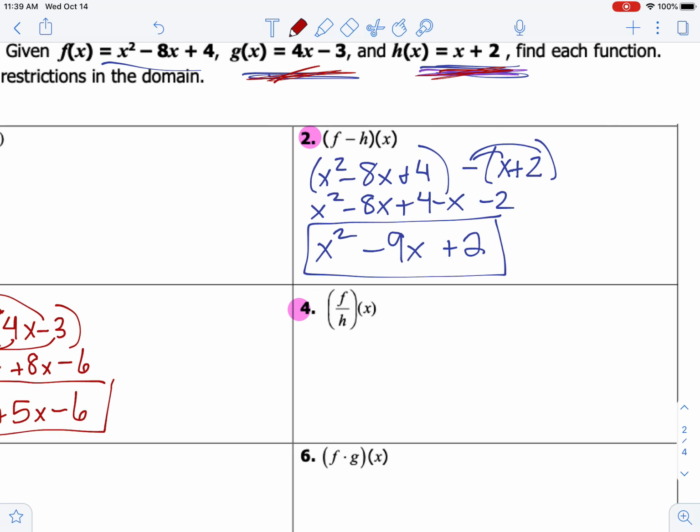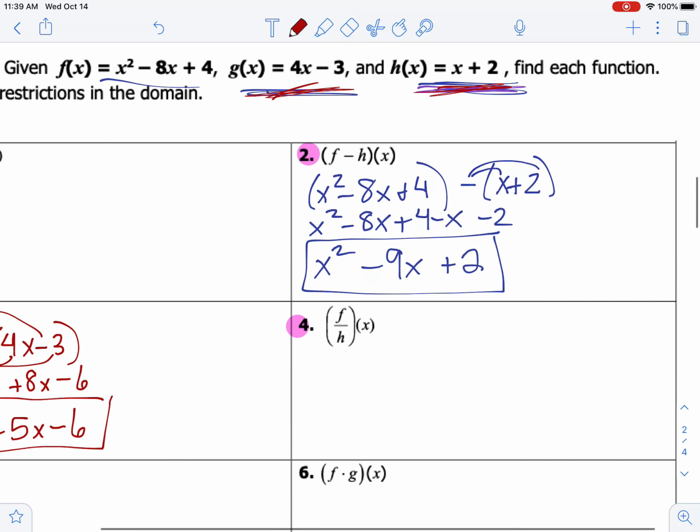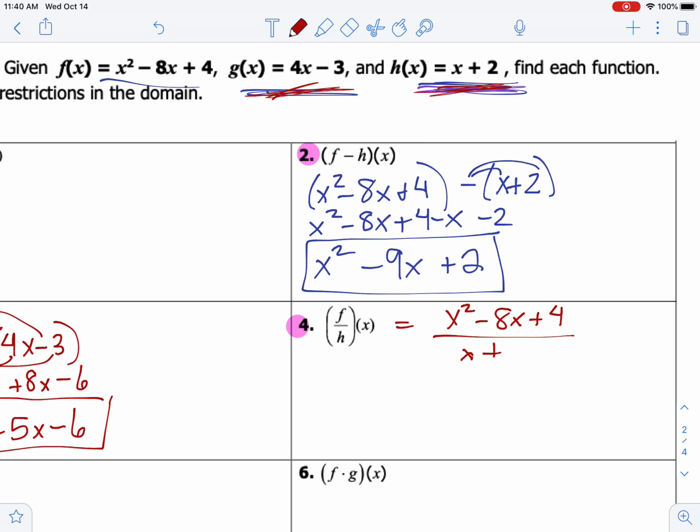Number 4 is division. Okay, so we are putting the f function on top and the h function on the bottom. Whoa.